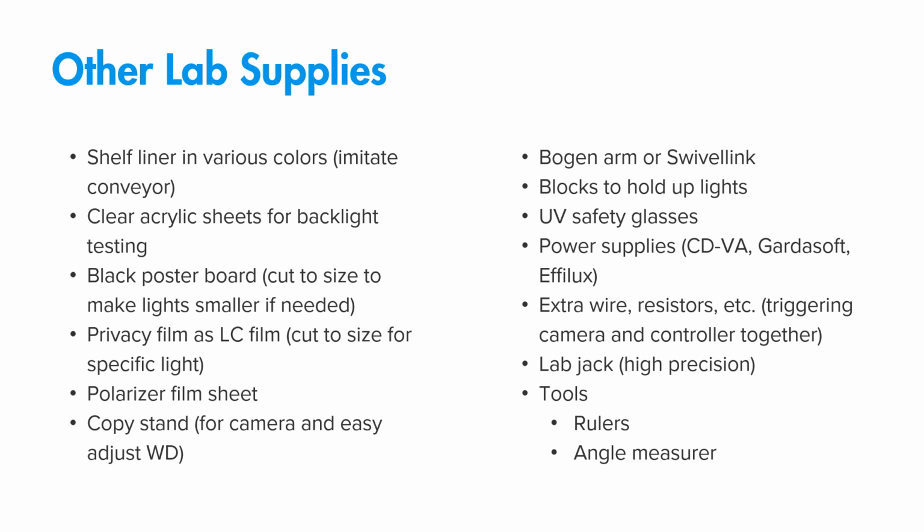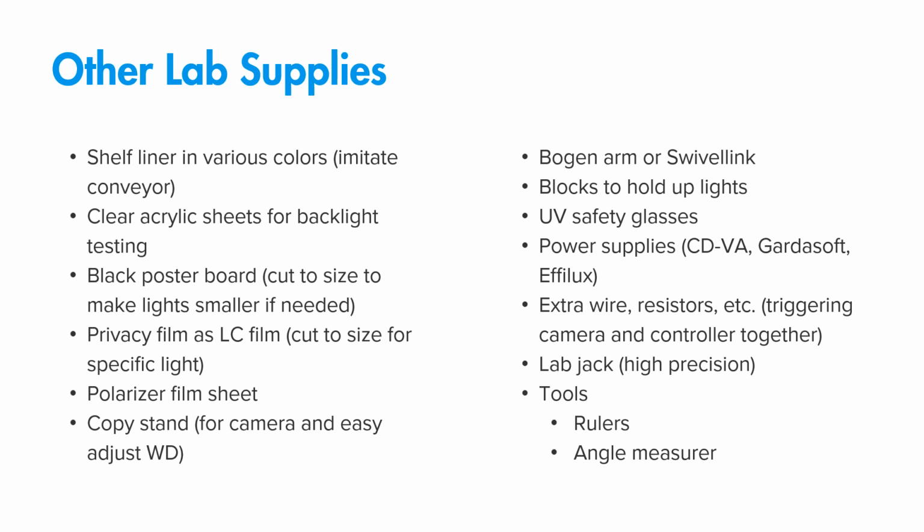We also recommend having clear acrylic sheets for backlight testing. It's very rare in a manufacturing scenario that the light or the sample itself is going to be sitting directly on a backlight and then be able to go through the process. So you don't want to test your sample sitting directly on the backlight, because as we learned about in collimation, as we move the light further away, it will change the image as we move it further from our sample.